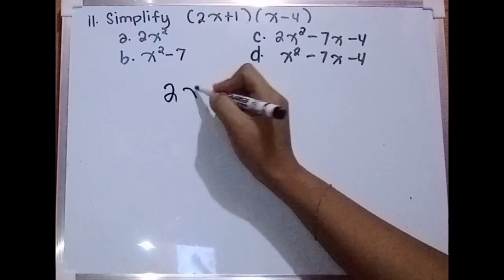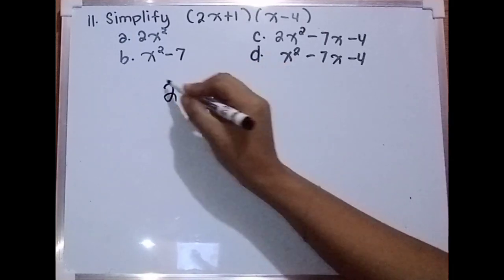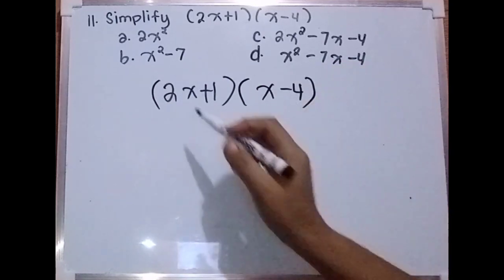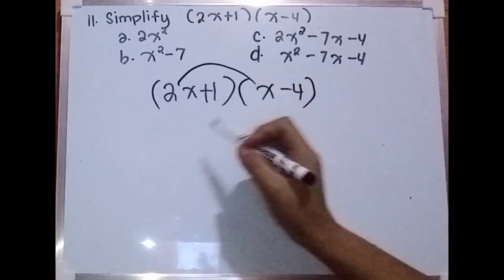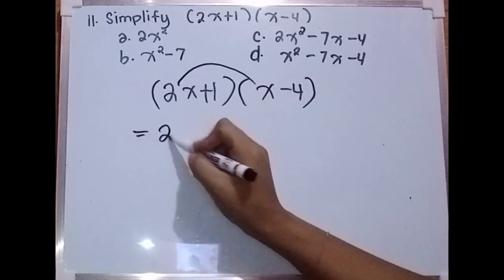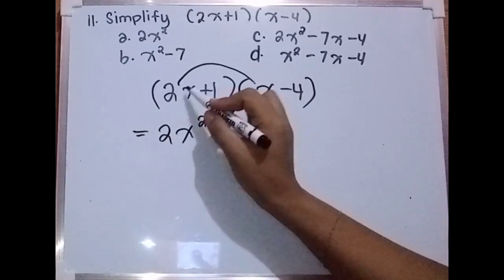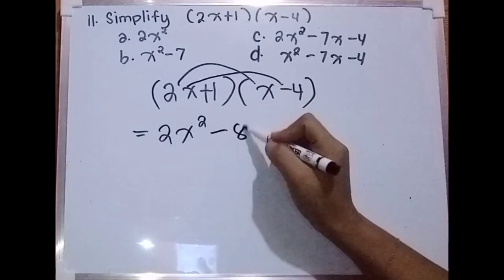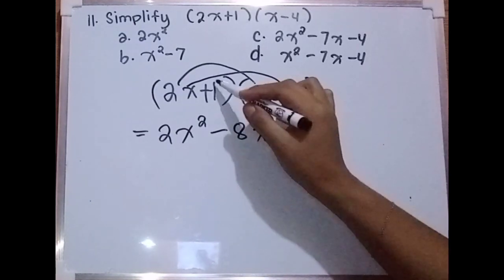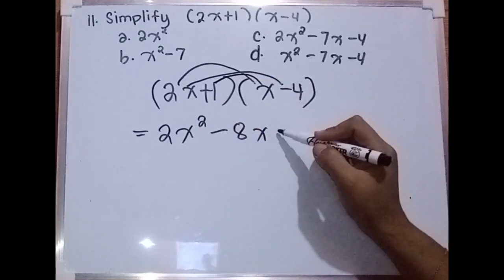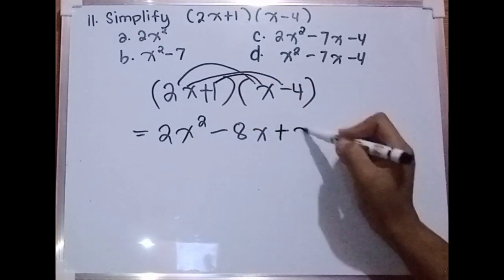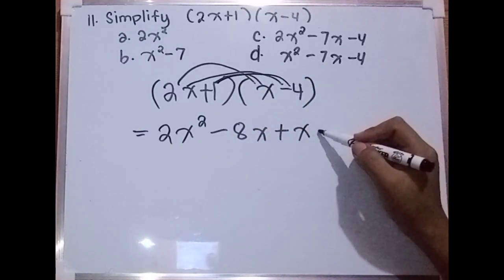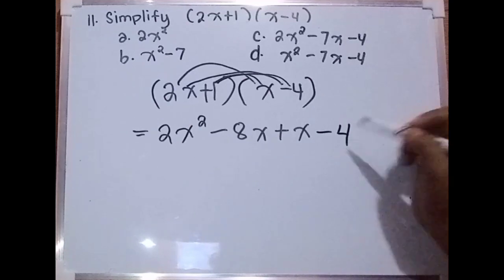So we have 2x plus 1 times the quantity of x minus 4. 2x times x is equal to 2x squared. 2x times negative 4 is equal to negative 8x. 1 times x is equal to x. 1 times negative 4 is equal to negative 4.